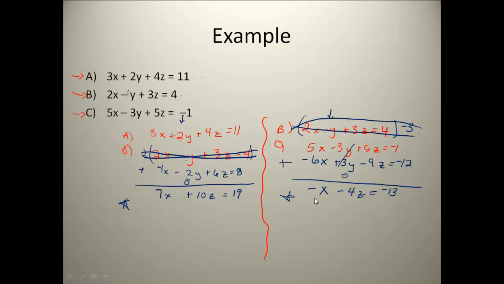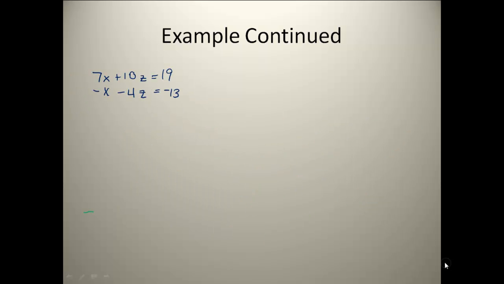Again, I have an equation now that is down to 2 variables. We are going to take these 2 equations and now we're going to bring them together to make a new system. So what I've done is I've taken my 2 equations and rewritten them to form my third little system here. So now I'm going to do the combination method a 3rd time.